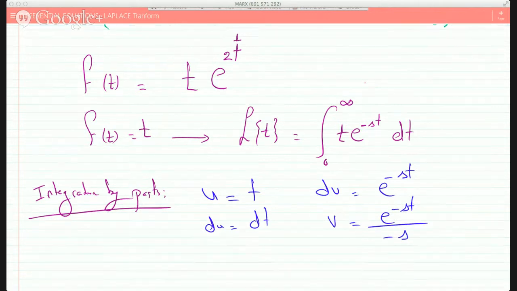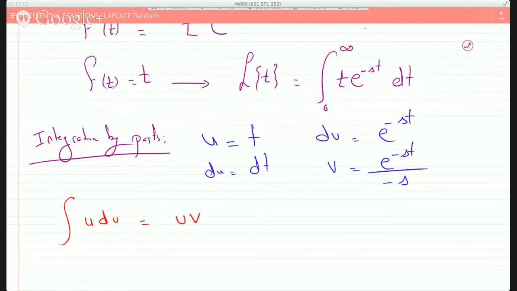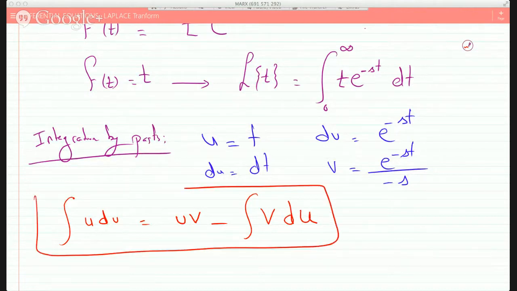And integration by parts says that the integral of u dv is equal to uv minus the integral of v du. You understand that?